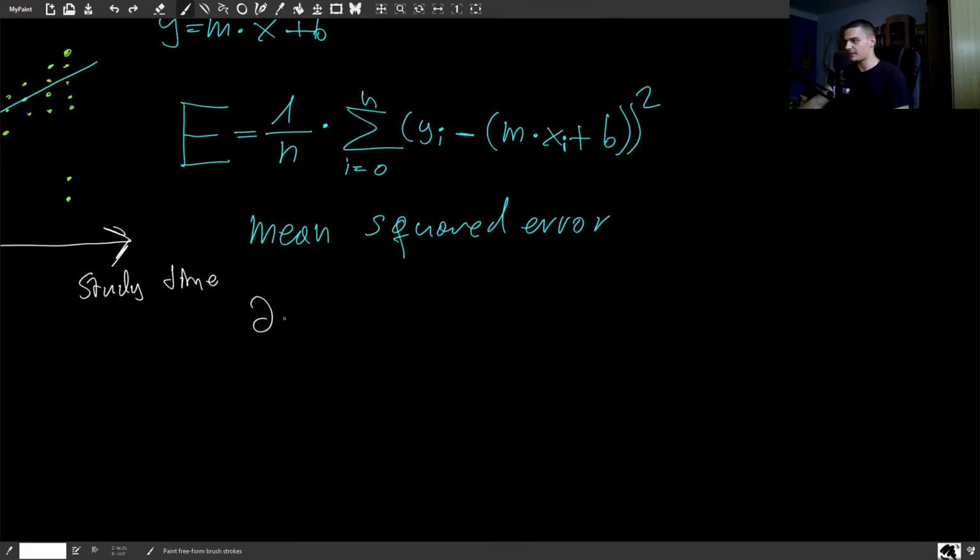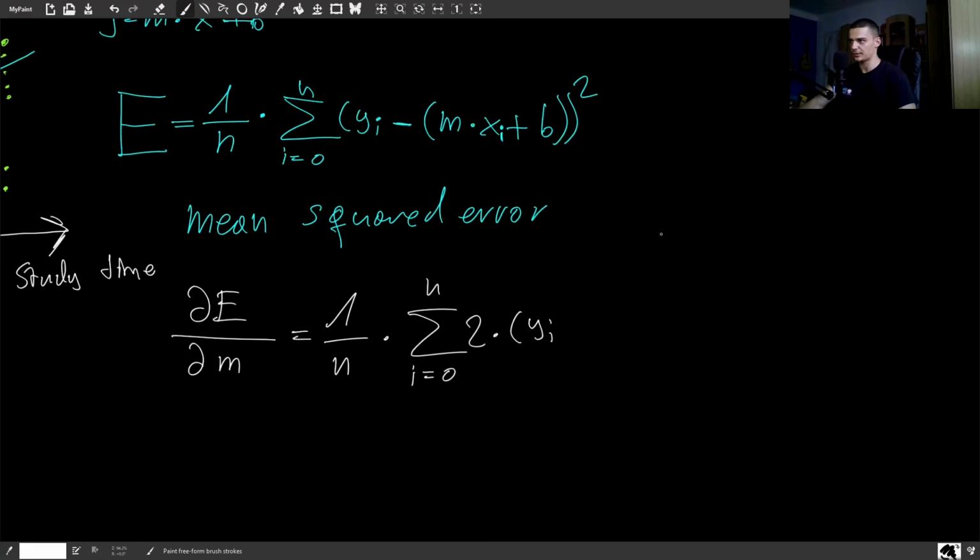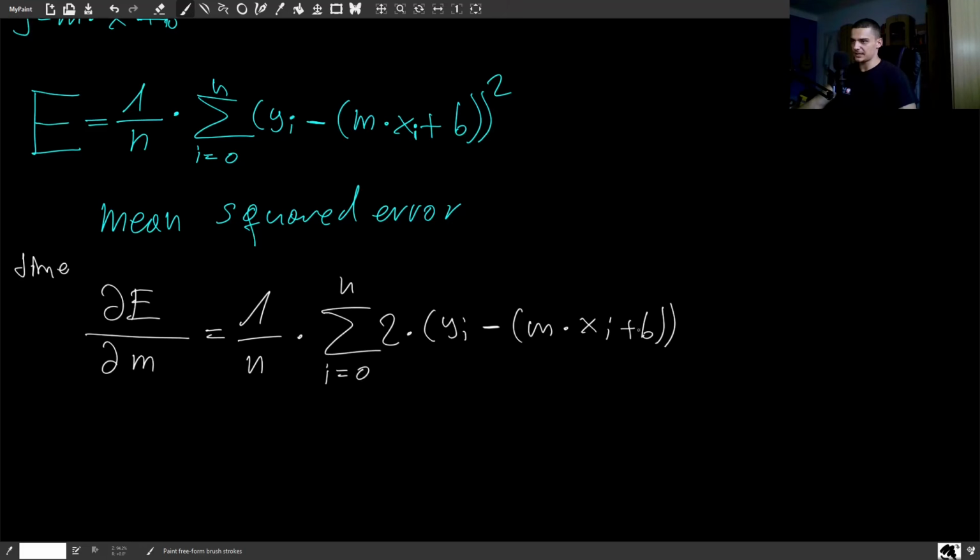So the partial derivative of E with respect to m is actually 1 divided by n times the sum from i equals 0 to n, and now we have this squared here, so we say 2 times, those are just the basic calculus rules, so if you don't know calculus, don't be confused, you don't need to understand everything, (y_i minus (m times x_i plus b)), and now we need to also multiply with the inside derivative, which is basically just, this is a sum, so we just ignore it, and this is the factor, so what we end up with is negative x_i.